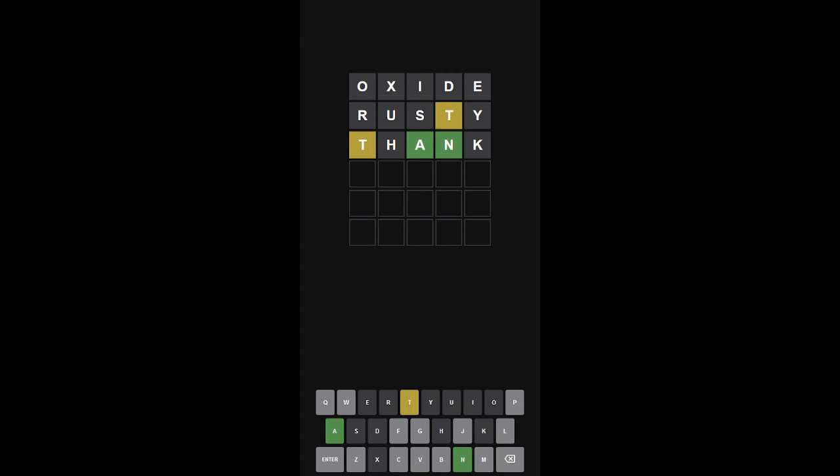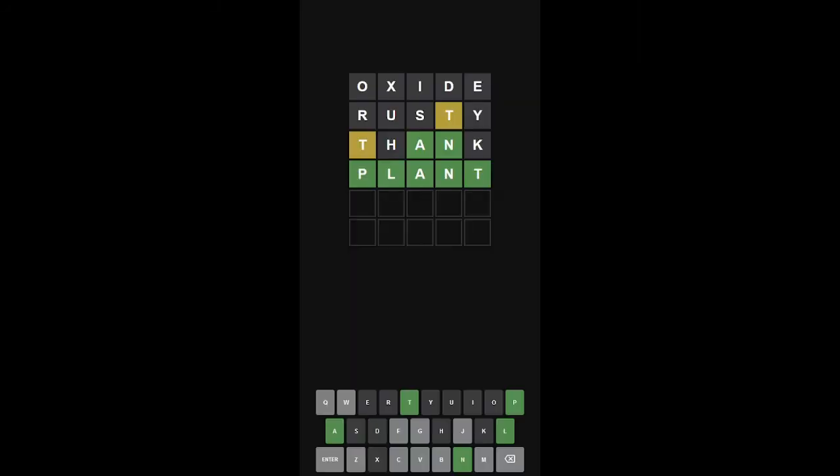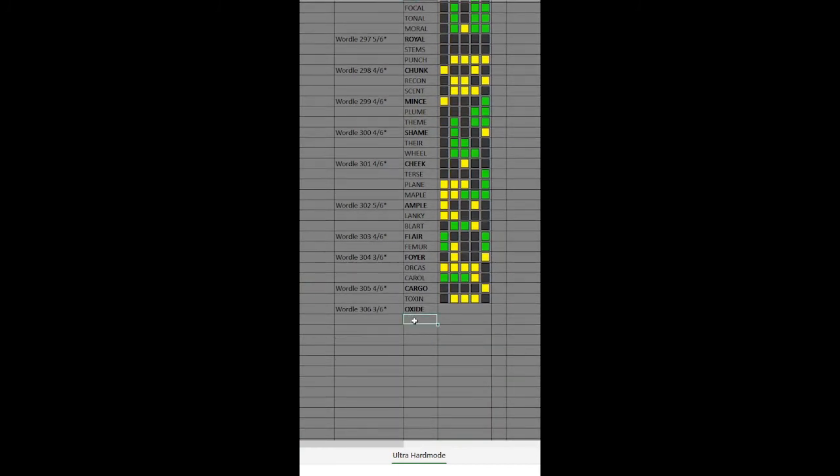The only digraph that we're kind of missing here is there something T? I don't think so. There's only one that could be T. Would be ATAN, which I think the word is likely plant. If it's not, then it's likely the word avant. But there we go. It is the word plant. So overall, a fairly safe 4 solve for today.